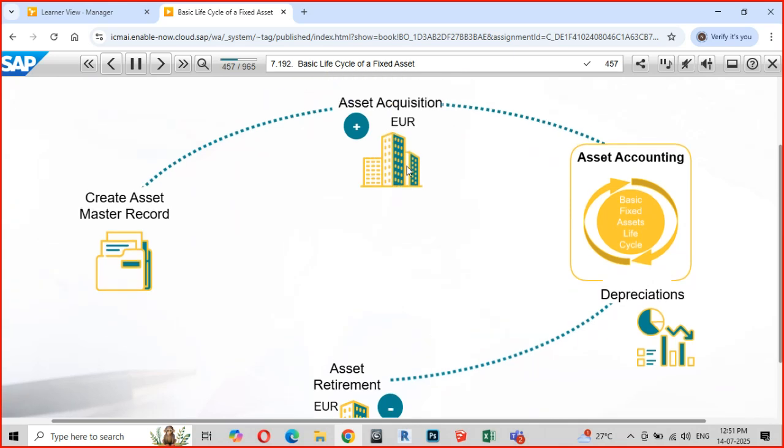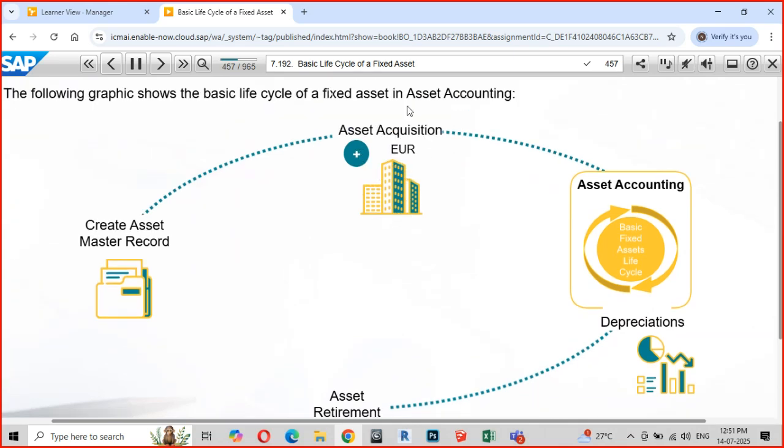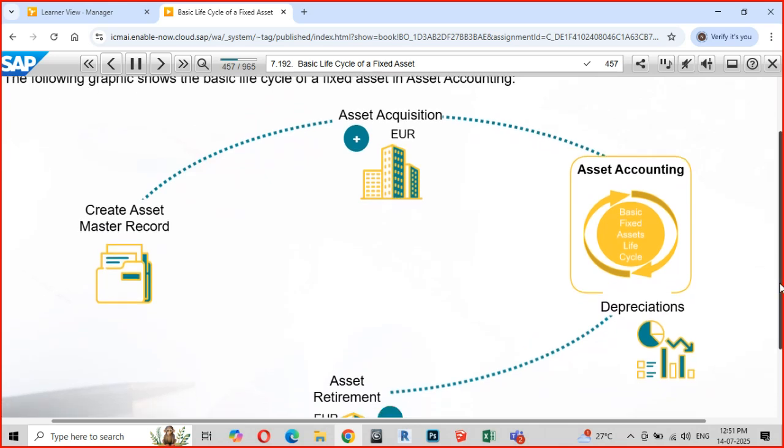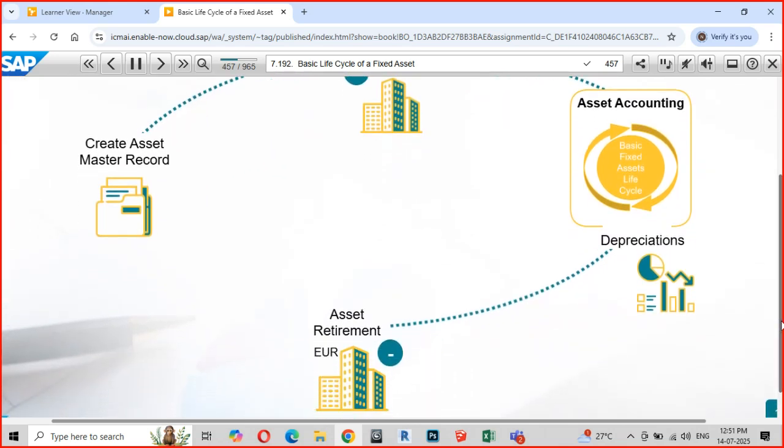Second, you have the process of buying the asset, bringing it into your company, and you start carrying out your asset accounting functionality. What is the first function? You provide depreciation at the end of every fixed period. Normally, it is the end of every month.